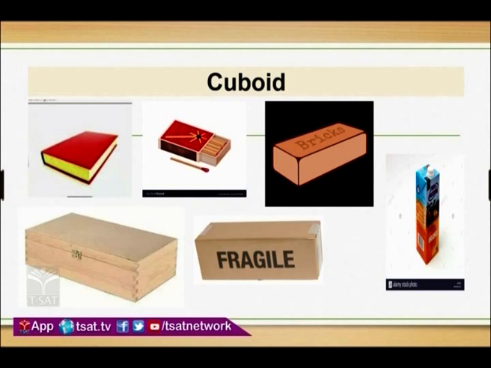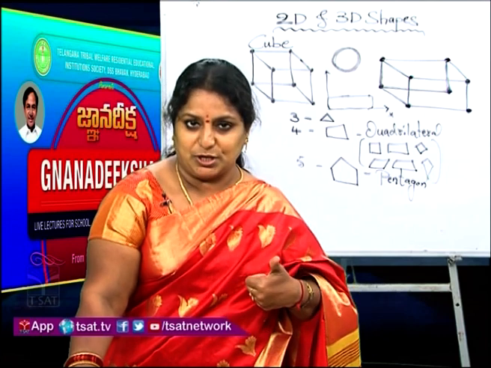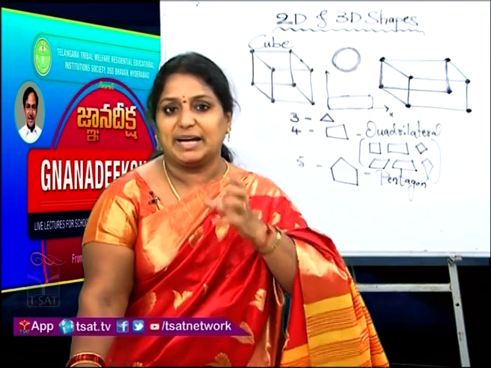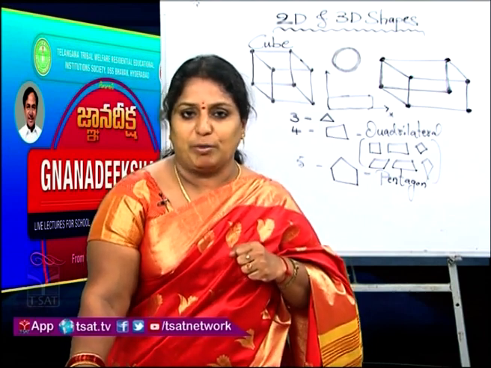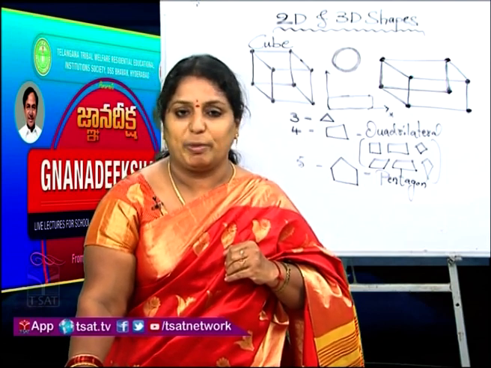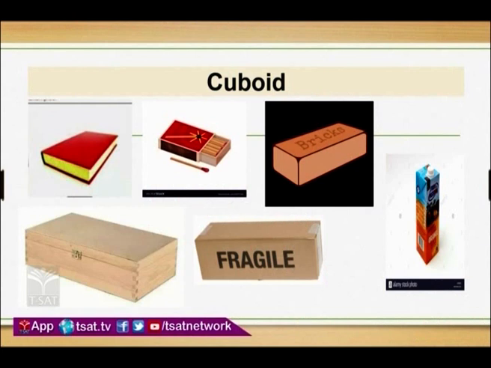If you observe, all the surfaces of these cuboids are in which shape? They are in rectangular shape. So what did you notice here? All the two-dimensional shapes can be observed in the three-dimensional objects. Whether cube or cuboid, both belong to three-dimensional objects. But the difference is that a cube has square faces, and a cuboid has rectangular faces.